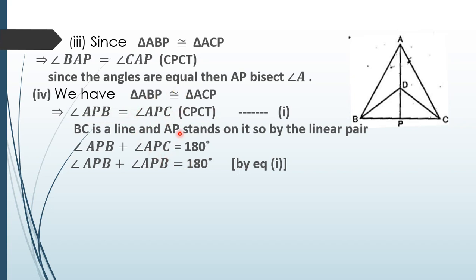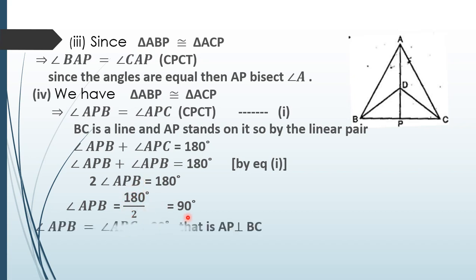So, in place of APC, we can write angle APB. So, we get twice of APB is equal to 180, and transposing 2 to the right hand side, we get 180 by 2. So the value of angle APB is 90 degrees. As by equation 1, angles APB and APC are equal, so both angles are equal to 90 degrees.